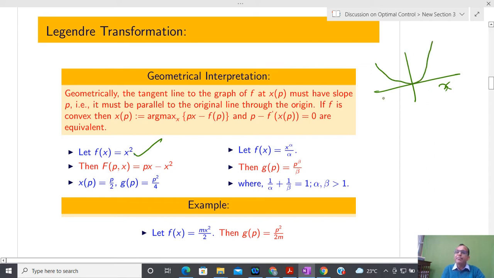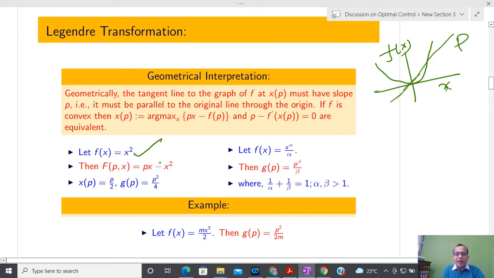Okay, it means that my method is going to work for this particular type of function. Now what I have to do is draw one line. I fix p x, and after that I am going to subtract: p x minus x square.